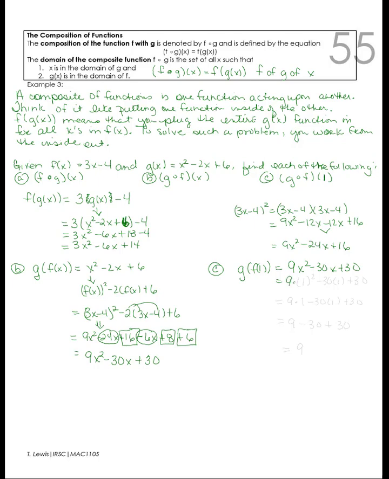So 9 times 1 squared minus 30 times 1 plus 30. We have 9 times 1 minus 30 times 1 plus 30. 9 minus 30 plus 30, and we're going to end up with 9. There we go.